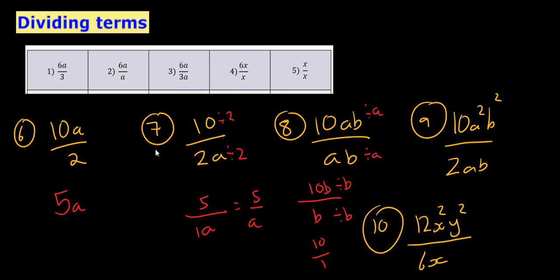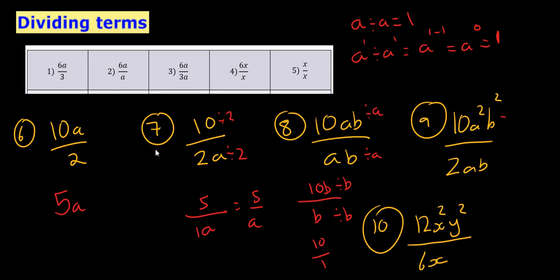I hope everybody is comfortable with the fact that a divided by a is 1. That's asking how many times does a fit into a. You can show that using powers by doing 1 minus 1 is a to the 0, which is 1. So let's have a go at doing 9.